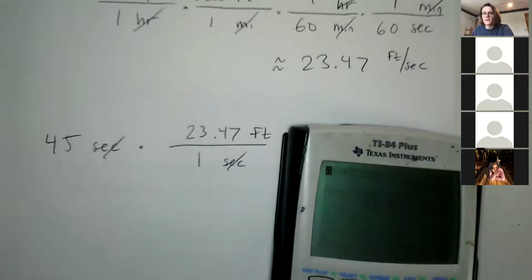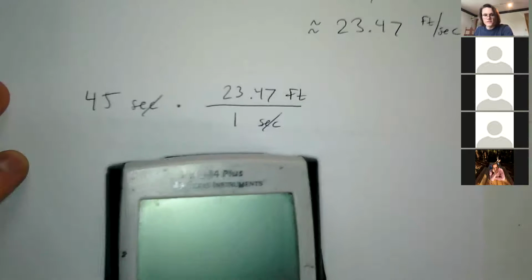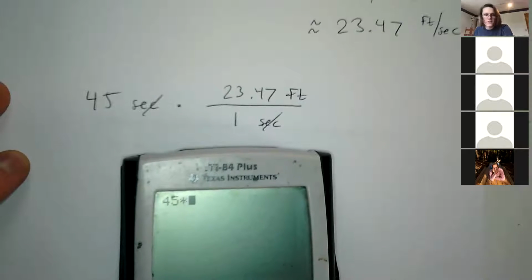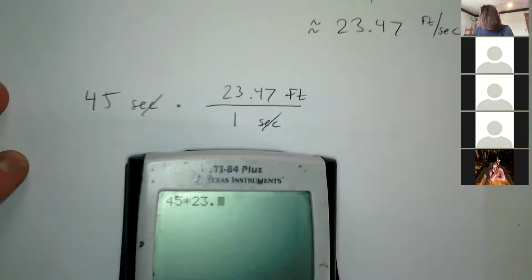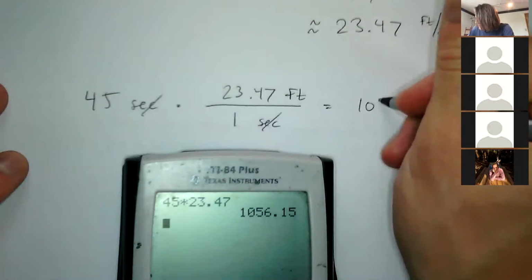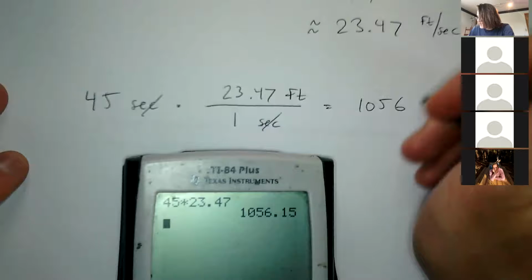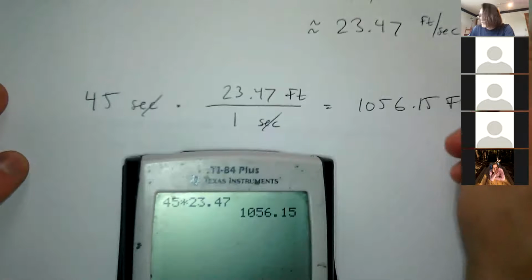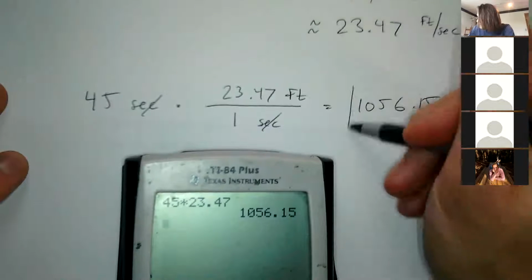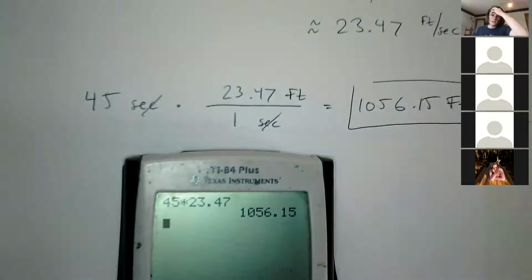So 45 times 23.47. He goes about 1,056.15 feet in 45 seconds.